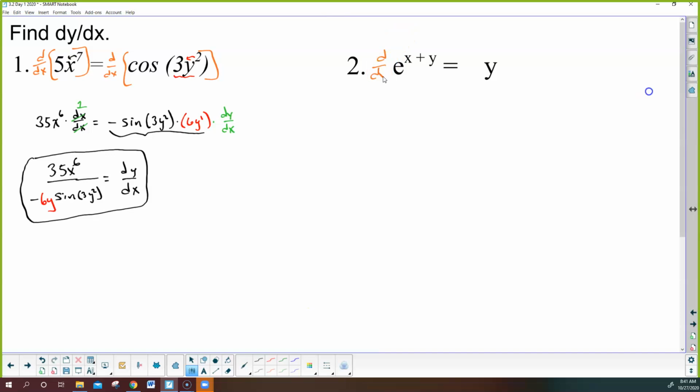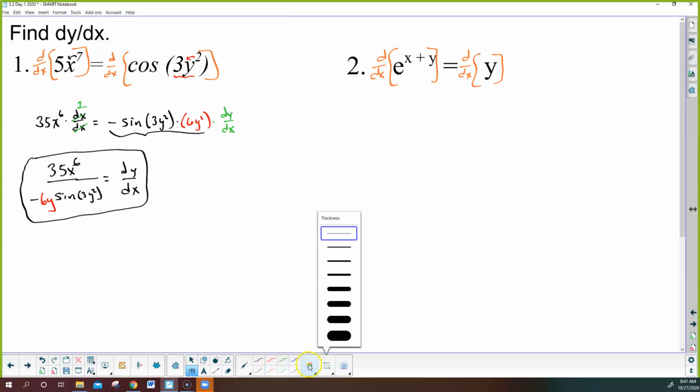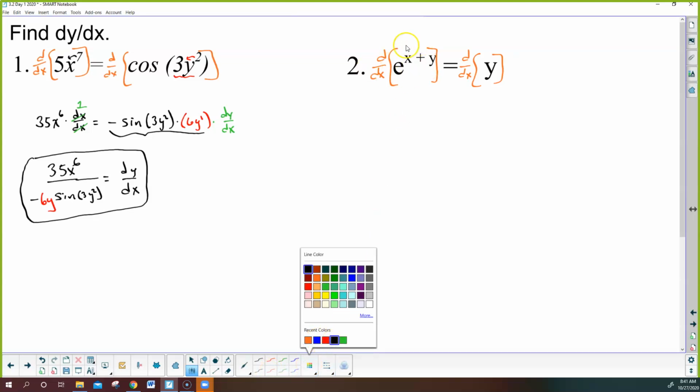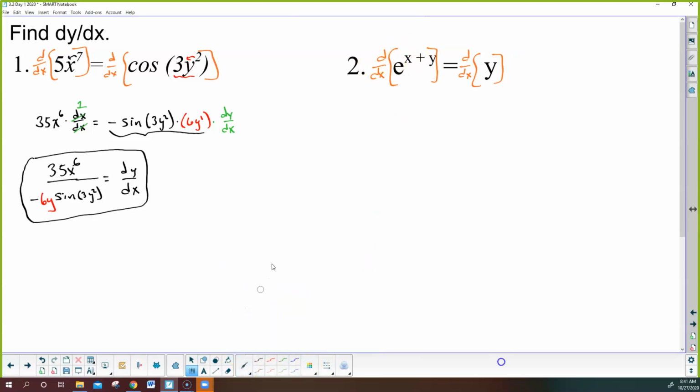So I'll take dx of this side, and dx of this side. Well, there's a chain rule for this side here, and I think this one I'll highlight one color. The outside function is e to the x.